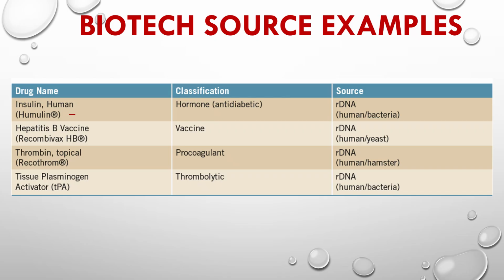A lot of the vaccines, so hepatitis is listed here, but also the COVID vaccine, one of the most recent ones, and a lot more vaccines are using this rDNA technology, where a gene is removed from the virus. For example, the coronavirus. Just one gene is removed.